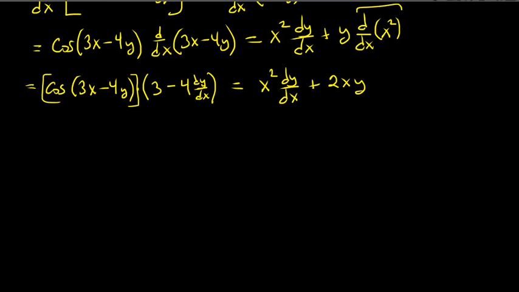So remember what we're solving for here. We're solving for the derivative of y, in terms of x and y. So this is kind of a mess. I can subtract this from both sides. Maybe let's do that now.